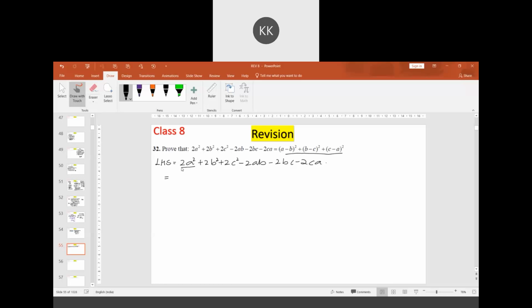Observe this. It is 2a square. I'll write it as a square plus a square. This 2b square, I'll write it as b square plus b square. This 2c square, I'll write it as c square plus c square. Now, minus 2ab minus 2bc minus 2ca.